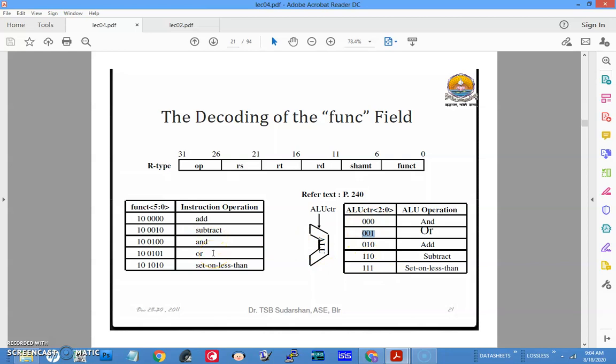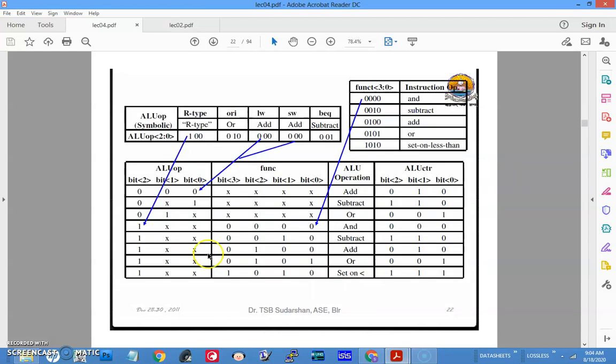So let us write the logic expression for that by looking at the table. ALU OP is a 3-bit value, 1, 2, 3, and then the function code and ALU operation. Let us see that decoding. The operation is add, so the ALU operation is 0.